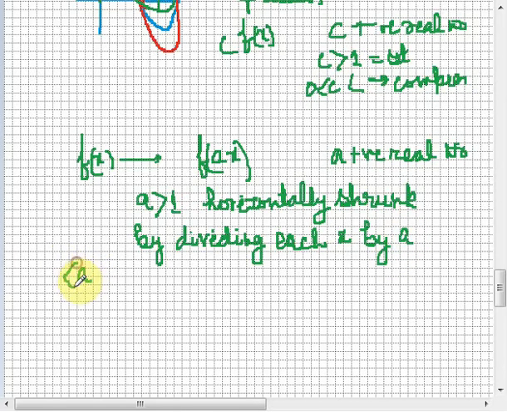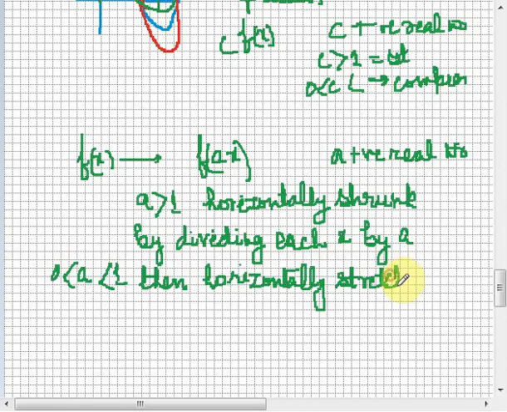If a is between 0 and 1, then it is horizontally stretched by dividing each x coordinate by a.